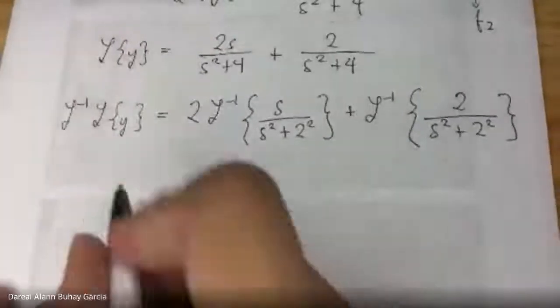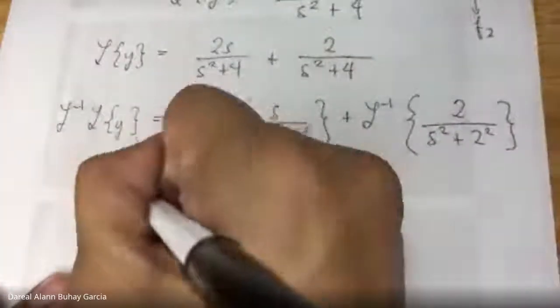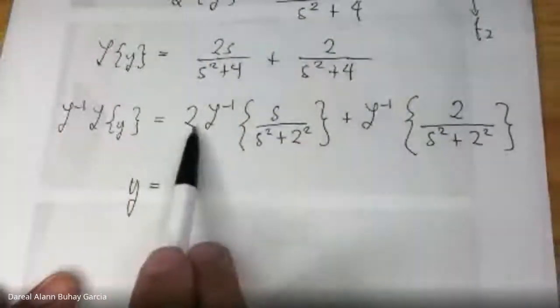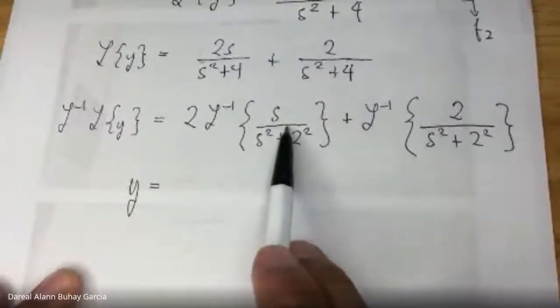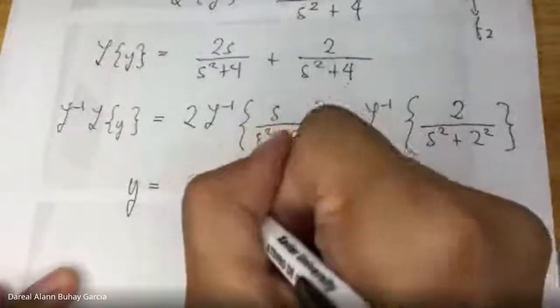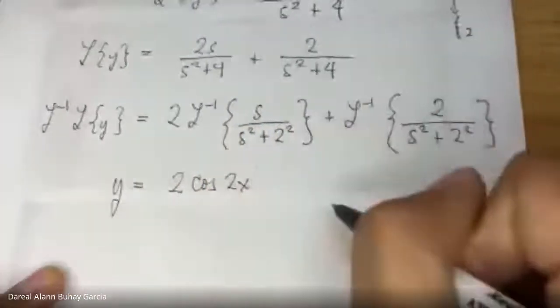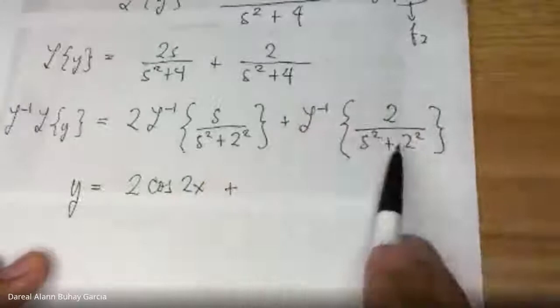So the final answer is 2 cosine 2x plus sine 2x.